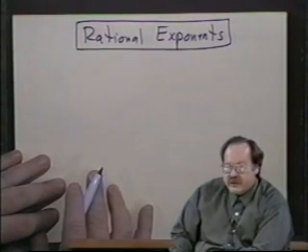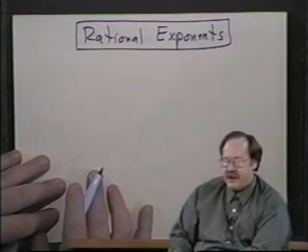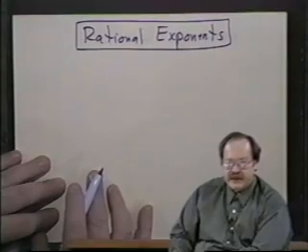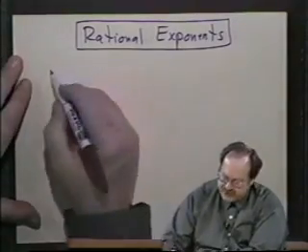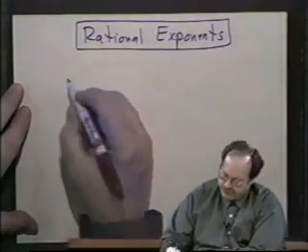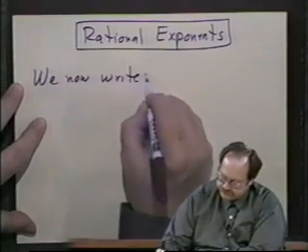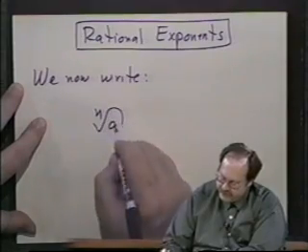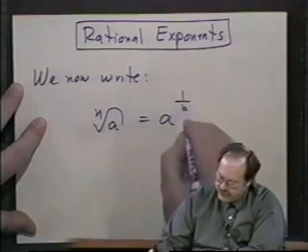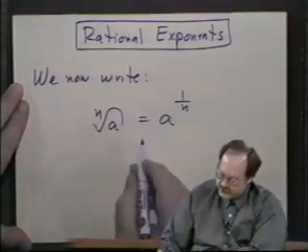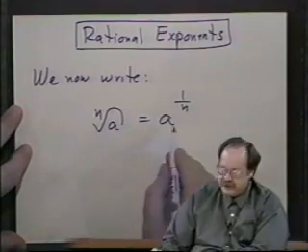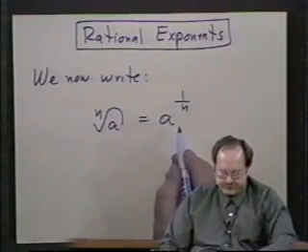I said square roots can be written as x to the 1/2 power. Well, now nth roots, you might expect, can be written as x to the 1 over n power. We now write the nth root of a as a to the 1 over n power. Just as before, we wrote the square root of a as a to the 1/2.